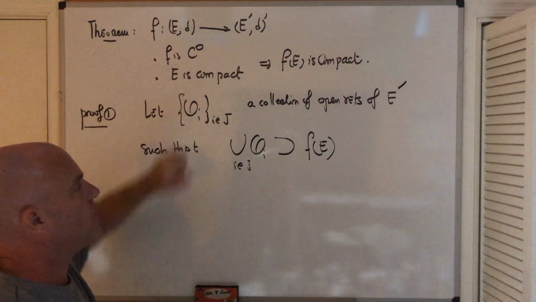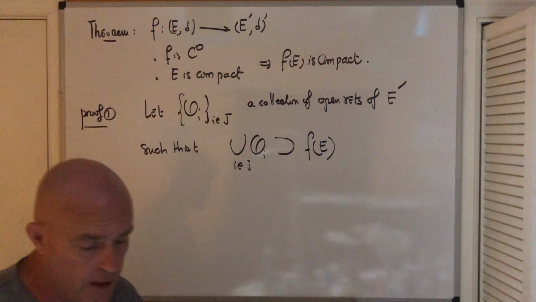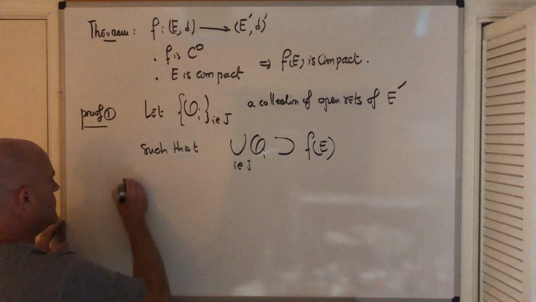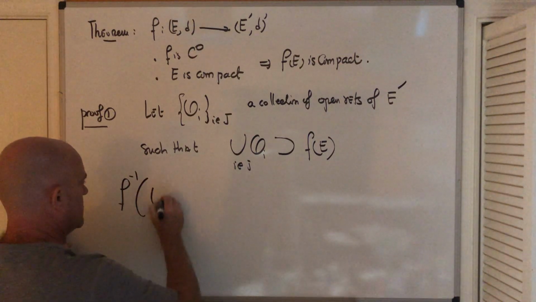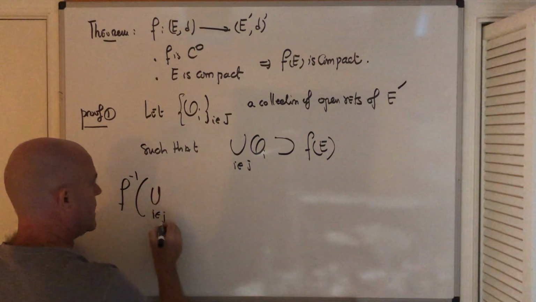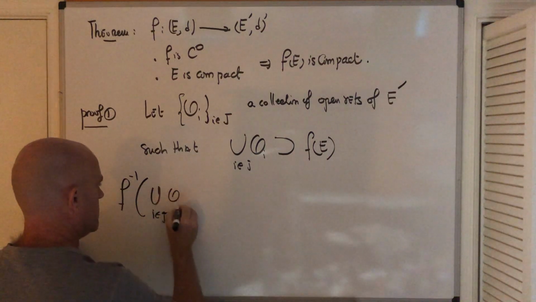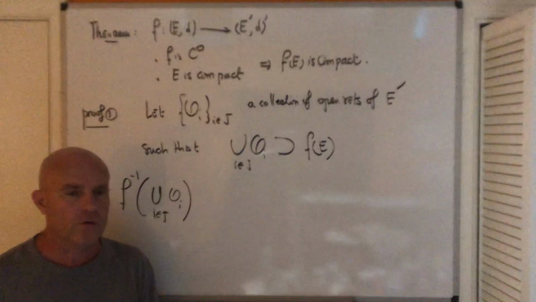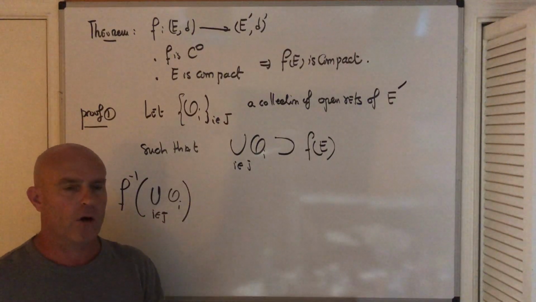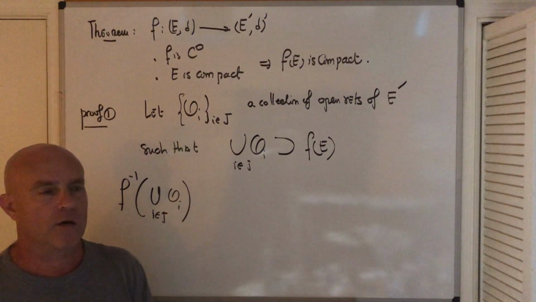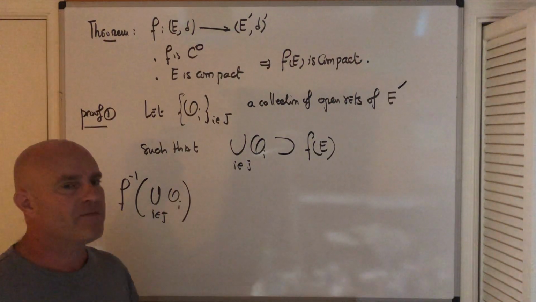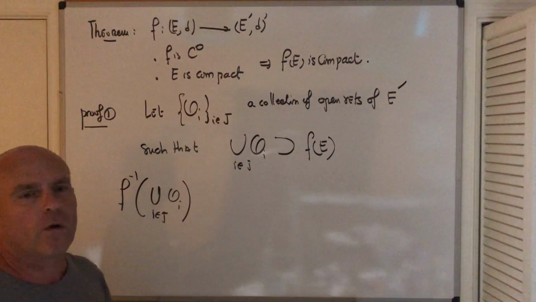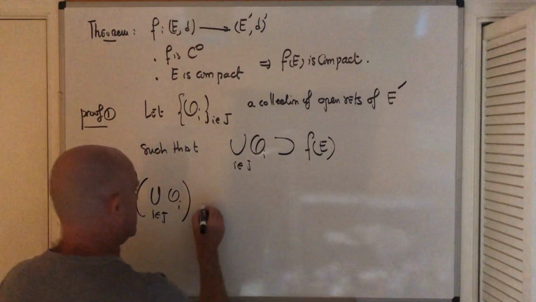The only thing I know is E is compact. What I can do is definitely take the preimage of all those sets. So let's take the preimage of this union of sets. Well, the good news is that the preimage of a union is the union of preimages. If it was the direct image, I would definitely have trouble. But in the case of a union, I'm quite safe.